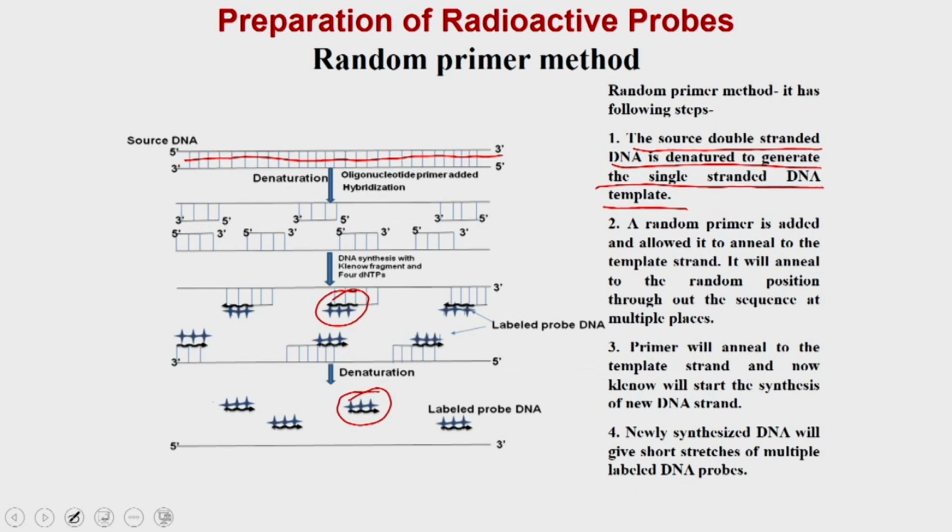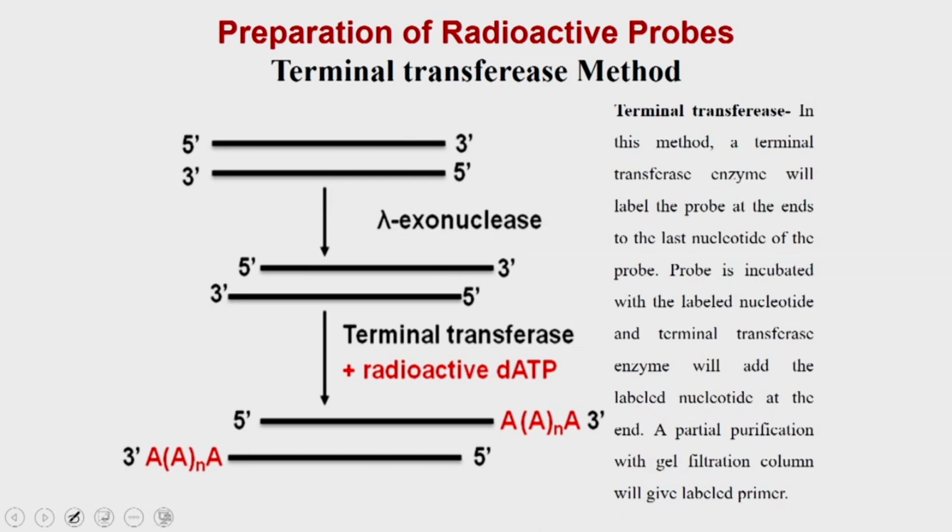The other method is called the terminal transferase method. The terminal transferase method uses an enzyme called terminal transferase, which labels the probe at the end, at the last nucleotide of the probe.